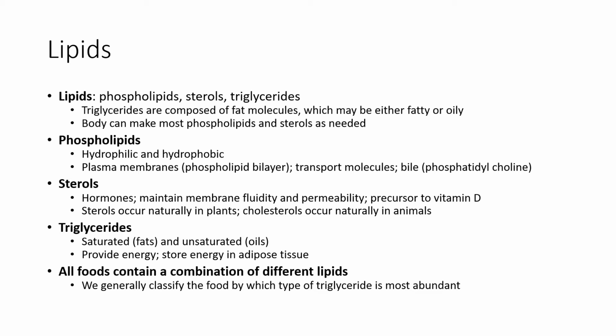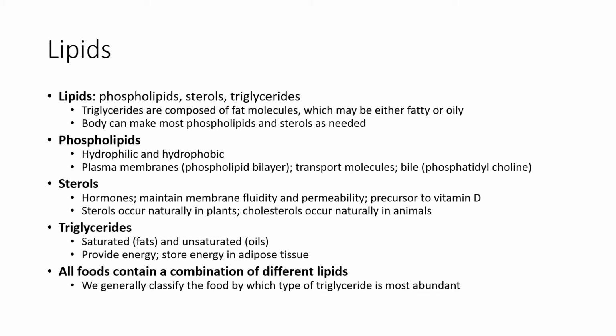So phospholipids are molecules that have both a hydrophilic, meaning water-loving, and a hydrophobic, meaning water-repelling, component. So these molecules are very useful in parts of the body where we need something that can interact with fats and something that can interact with water.